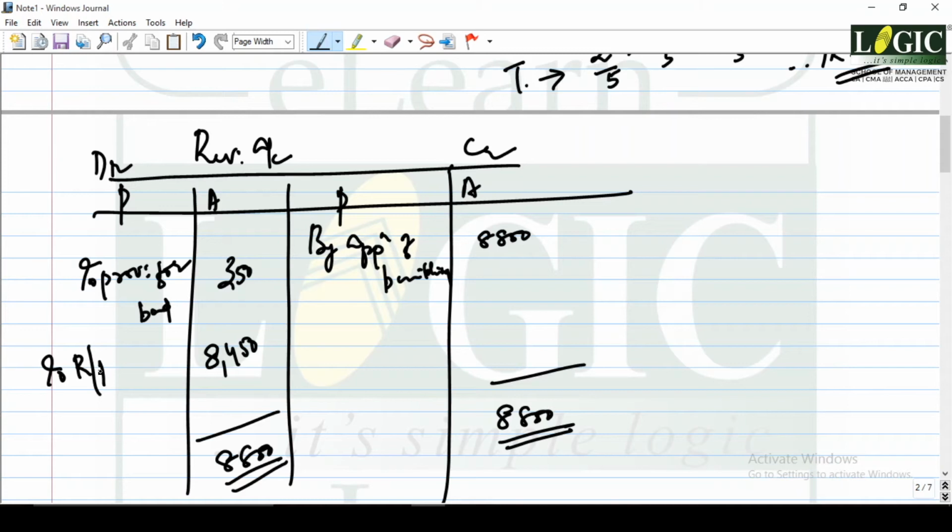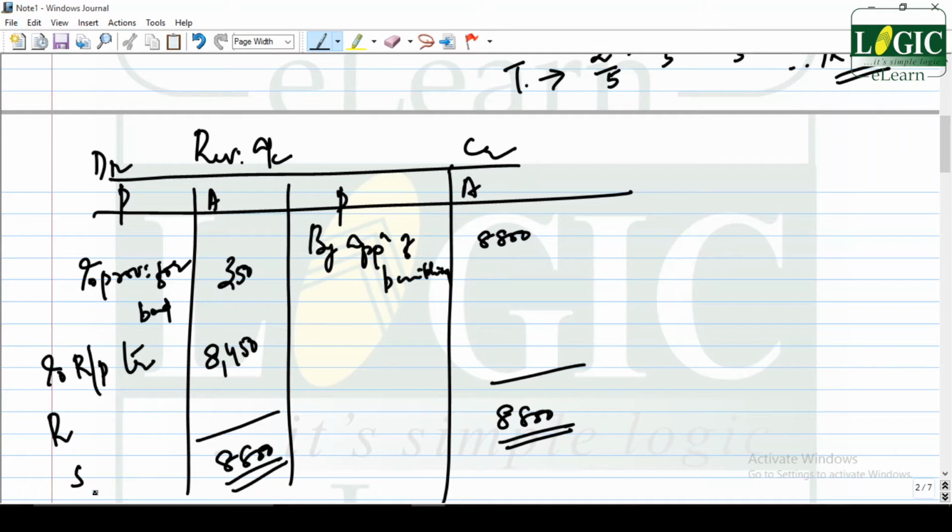Now comes the difference between admission and retirement. Listen carefully. In retirement, whatever is made by the firm so far, the retiring man S is also eligible to enjoy. So R, S and M, these three people should together enjoy 8450.